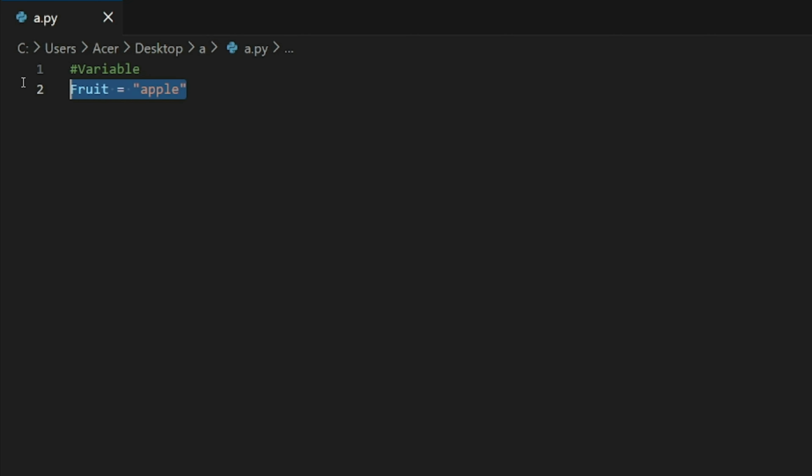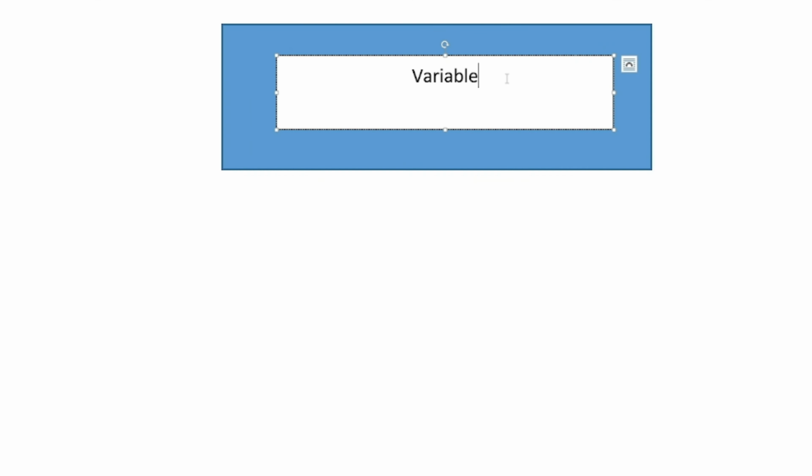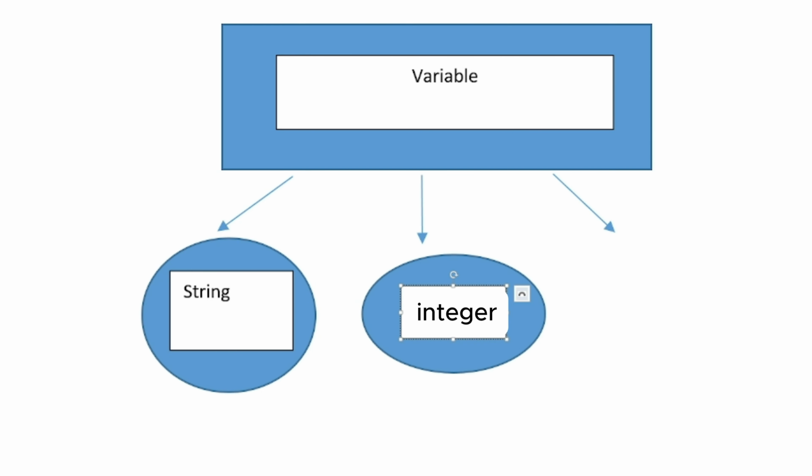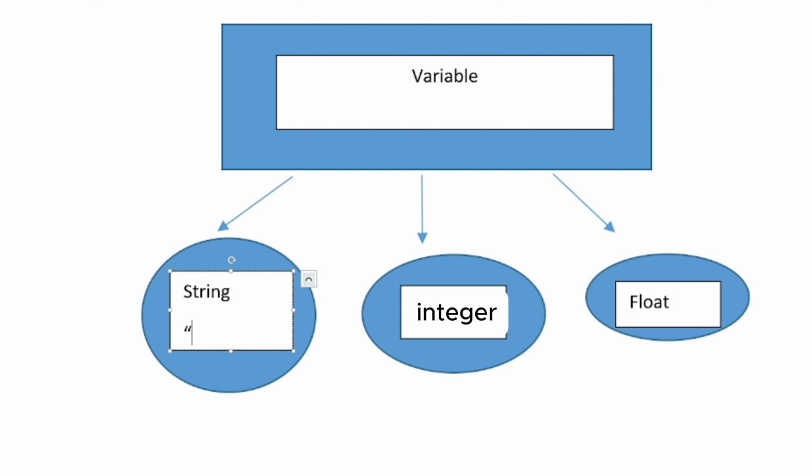And apple, we need to write either in double quotation marks or in single quotation marks. Both are right. We have 3 types of variables. String is a text, and we write a string either in double quotation marks or in single quotation marks.